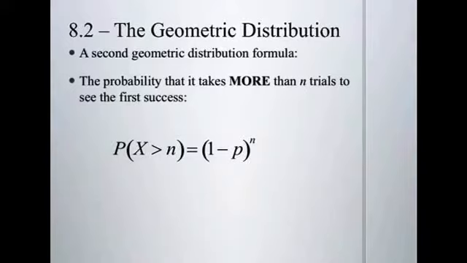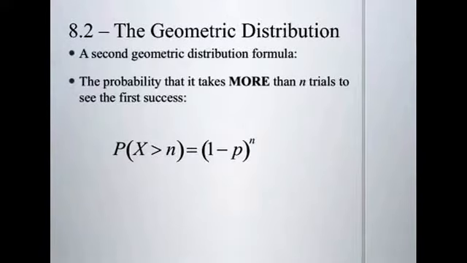Here, they give me the formula for greater than. In binomial and in normal distributions, we have the less than formula that we always go off of. And then if we want the greater than, we do 1 minus. Well, here, they give us the more than, so they give us the greater than situation, and this is the probability of finding more than n trials to see the first success.